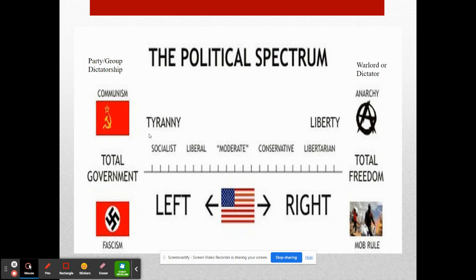Now, if we go even one step further, you have over here group or party dictatorship. What exactly does that mean? That means that eventually groups of people will band together and they will take over.